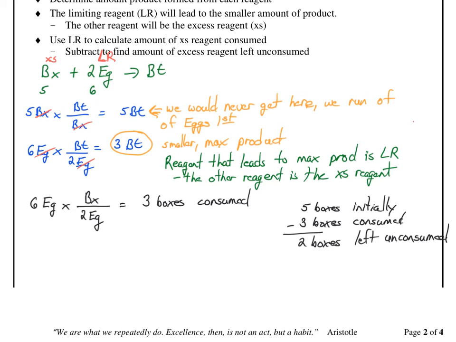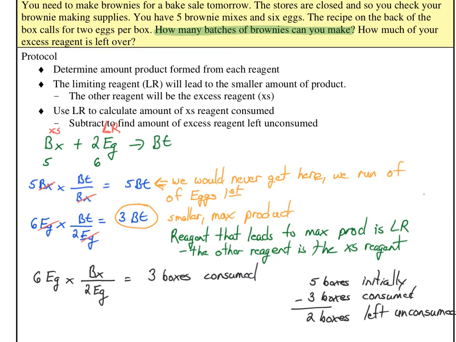So all we need to do is to take the same process and apply it to problems in a chemistry context. We do two calculations to determine how much product can be formed from each reagent. We choose the smaller of the two product amounts as our max product. That identifies our limiting reagent.